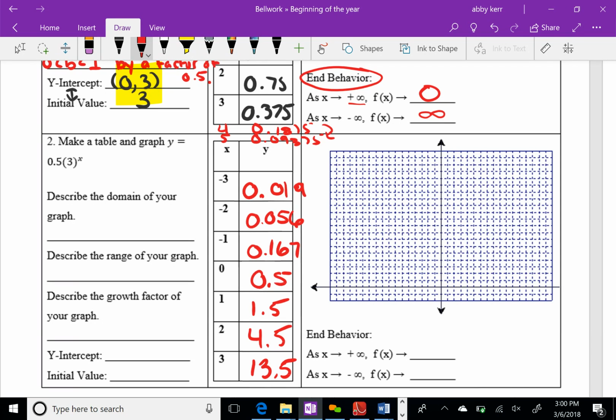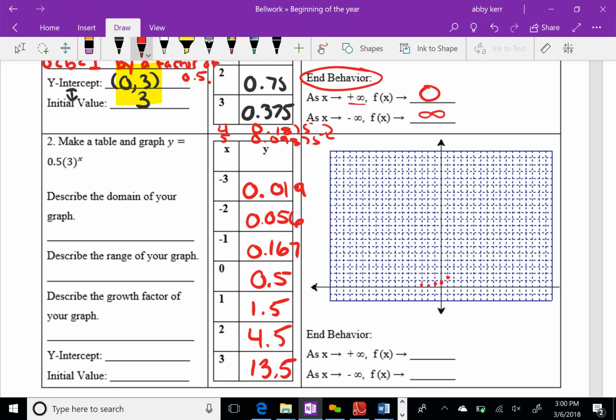So from here, we go -3, and we barely go up because it's 0.019. So there we go. And then that's like the halfway point. Oh, I'm sorry, it's like 5 pennies. Then it's a little bit more up. And then 0.5 is right there.